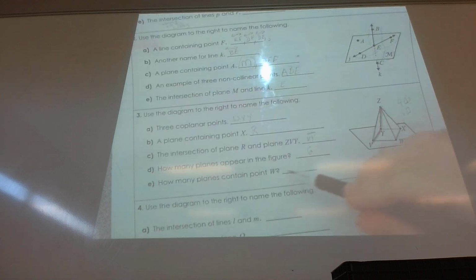And then how many of those planes contain point W? Well, point W is part of plane R. It's a part of this triangle. It's part of this triangle, and it's a part of the square. So one triangle, a second triangle, and the square, so that's 3, and it's part of plane R, so it's a part of 4 planes.